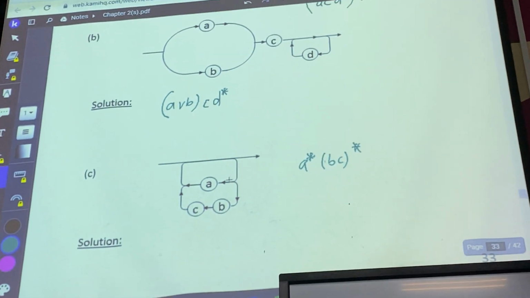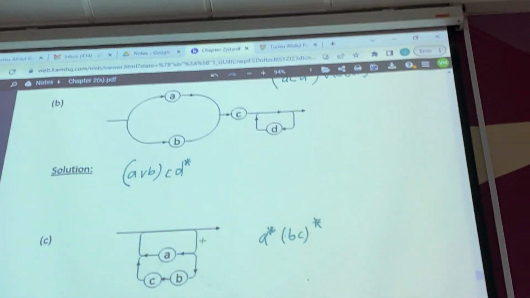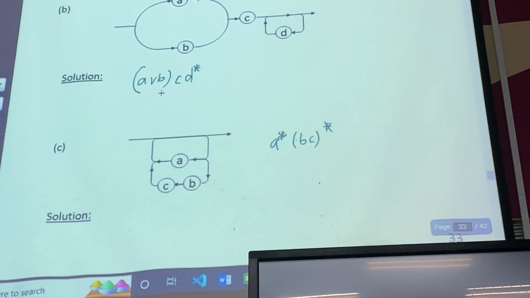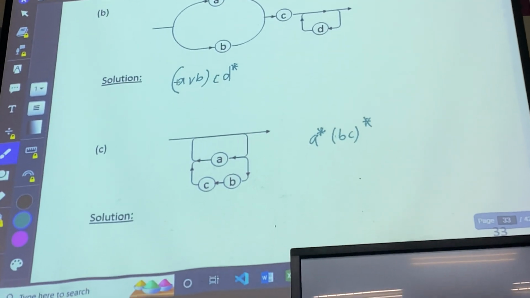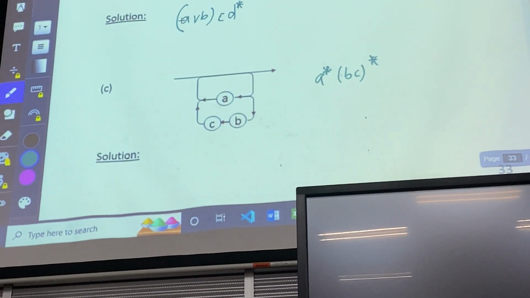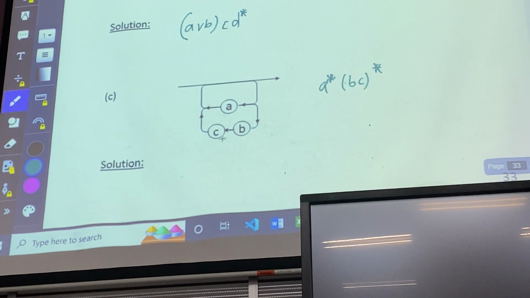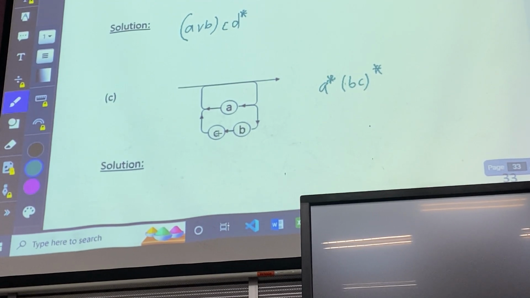You can either go through A and then go back, and then another time come down, you can choose BC and then go back again. You need to see the arrow, the direction. So when you go to A, you cannot go to BC. When you go to BC, you cannot go to A. Every loop you go, correct or not?